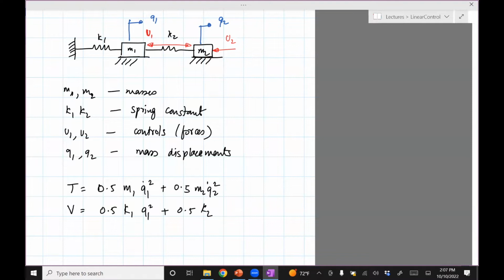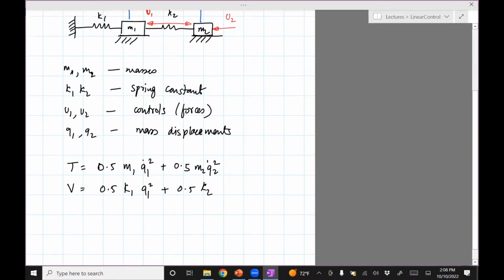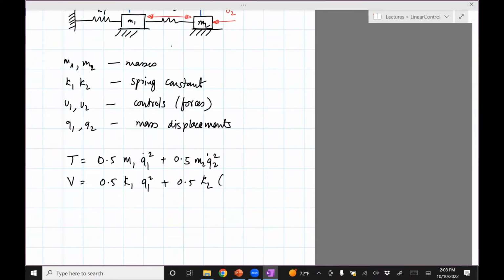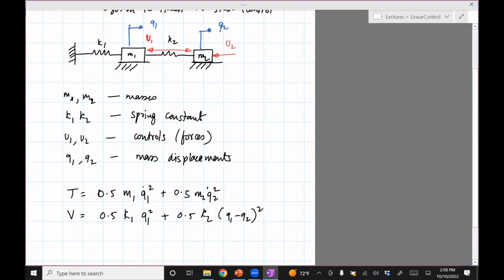Another side is going to be pushed by Q2 to the right. And so the net displacement of K2 is going to be Q1 minus Q2. It doesn't really matter. You can write Q2 minus Q1 or Q1 minus Q2. The equations will come out to be the same. The only thing you cannot do is write Q1 plus Q2, because you can see clearly Q1 and Q2 are directed towards the right side.